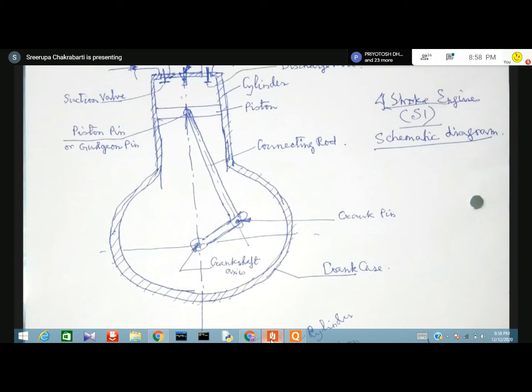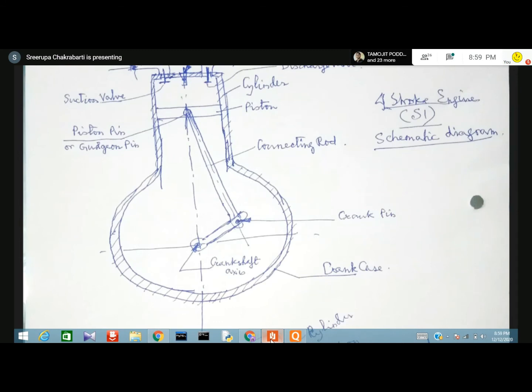This thing I am going to explain: when the piston moves up and down, it is not that the piston always produces power. Sometimes the piston produces power. Suppose the cycle consists of 4 strokes. 4 strokes means 4 journeys of the piston: down, up, down, up. Just imagine, the piston comes from top dead center to bottom dead center. During this journey, the crank pin rotates by 180 degrees.